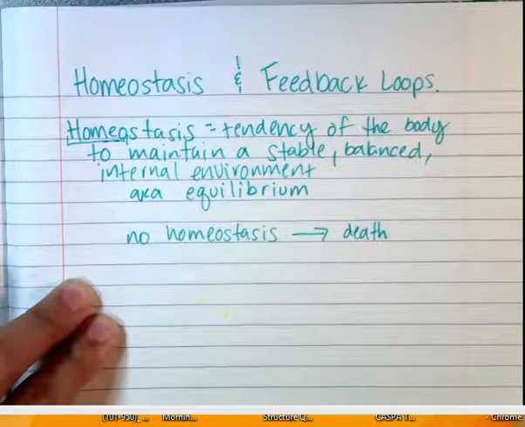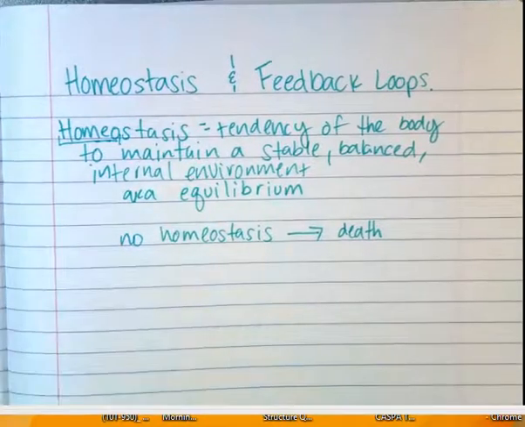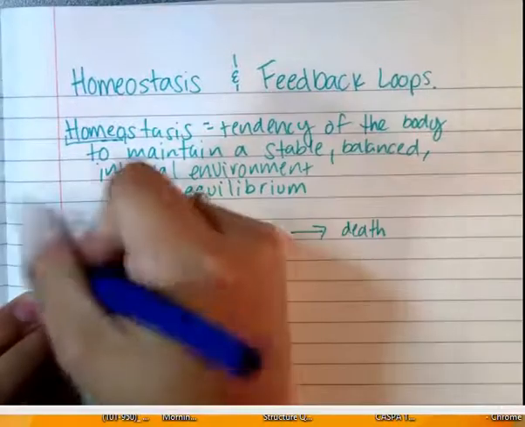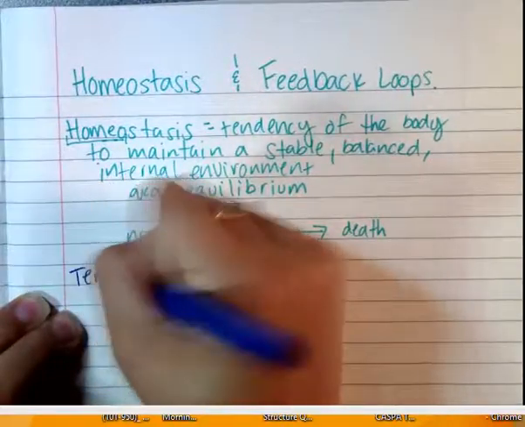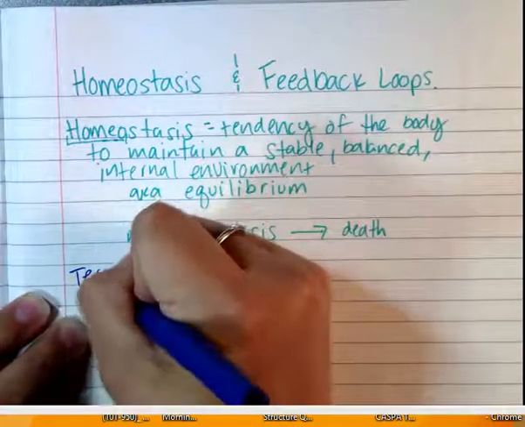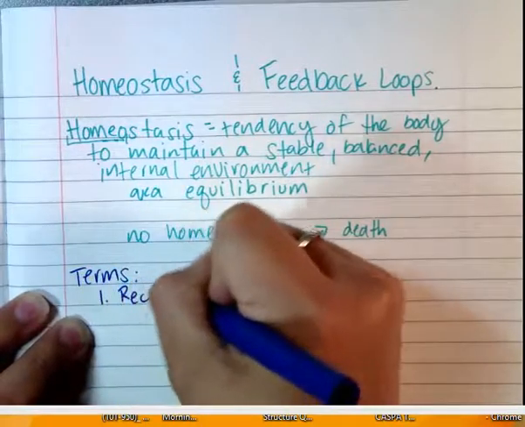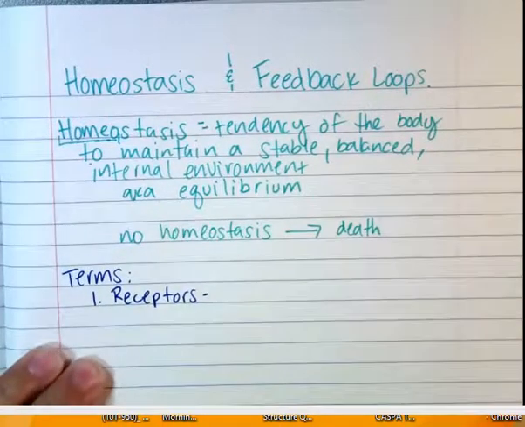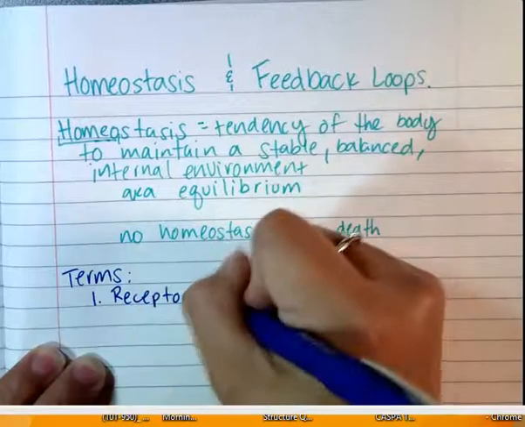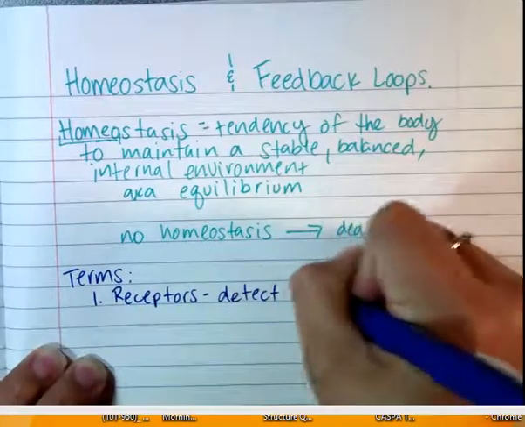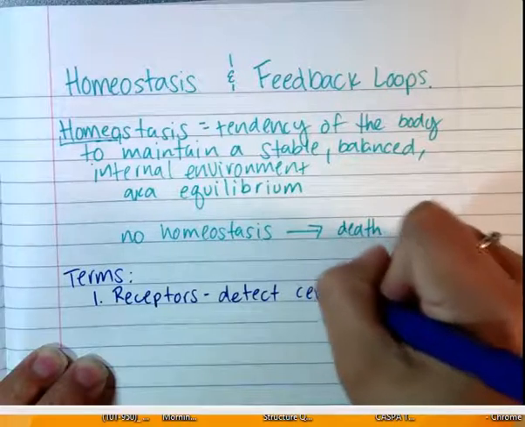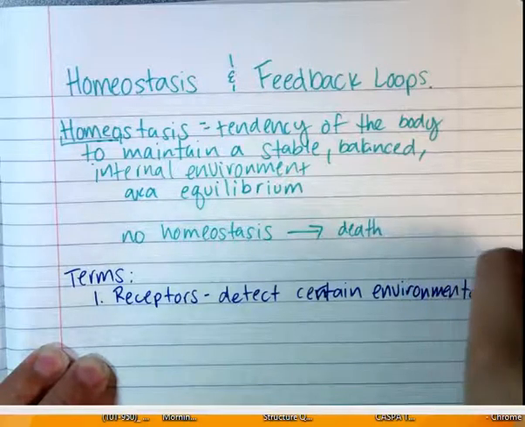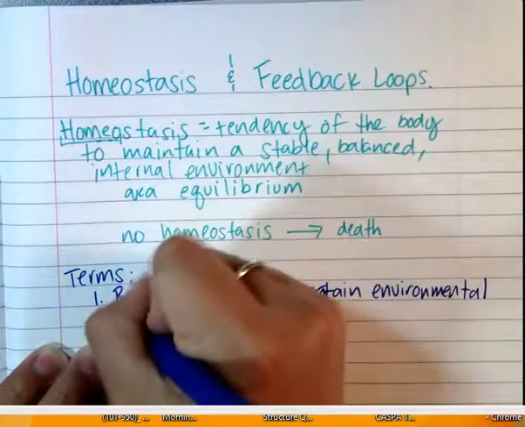Alright. So we're going to go over a couple terms before we get into the process or the steps for homeostasis. The first one is receptors. You have receptors all over your body to monitor and detect changes. They're going to detect certain environmental parameters.